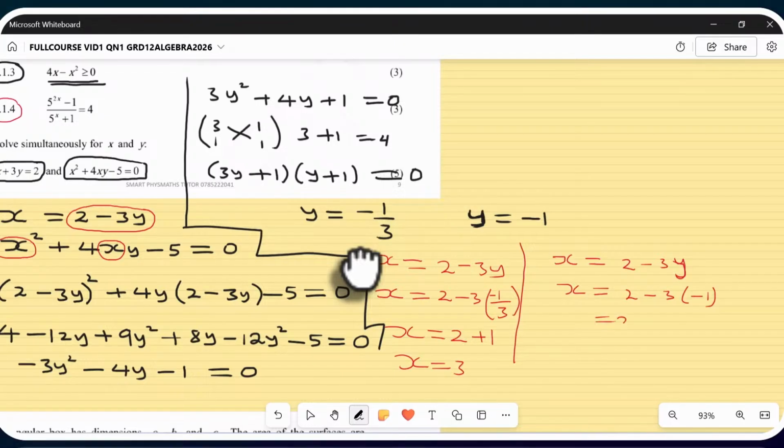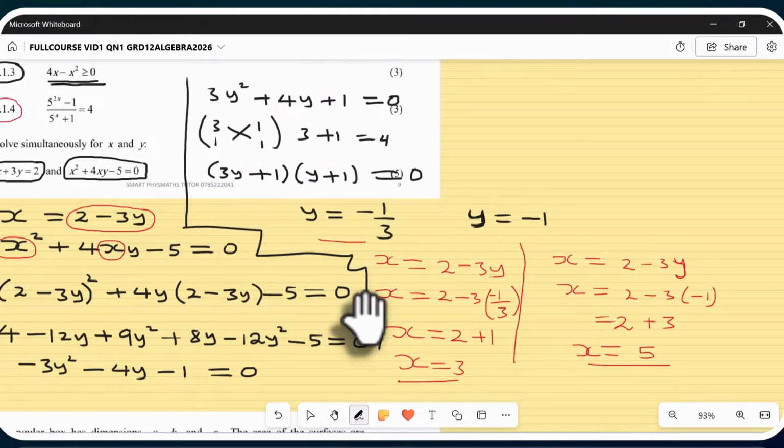They say a rectangular box has dimensions A, B, and C. The areas of the surfaces are 2 root 10, 3 root 2, and 6 root 5, as shown in the diagram. Calculate without using a calculator the volume of the rectangular box. What should we do now?